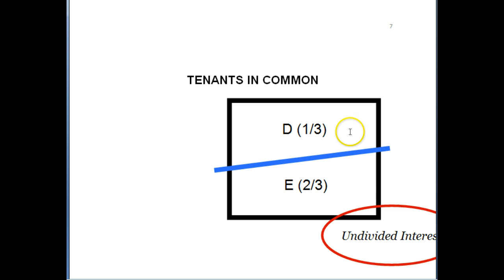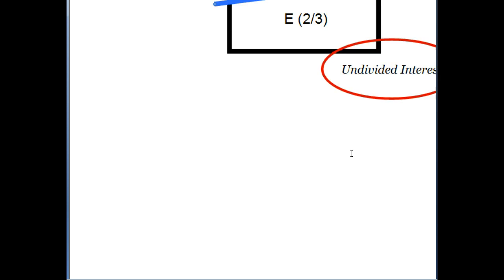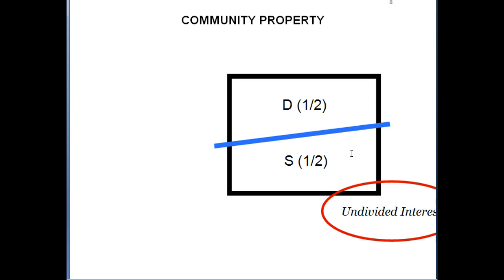And on our final illustration, we'll look at community property. So with respect to community property, in this illustration, D owns 1/2 of the property, and S, who is the spouse, owns the other half. And this is because it's community property.